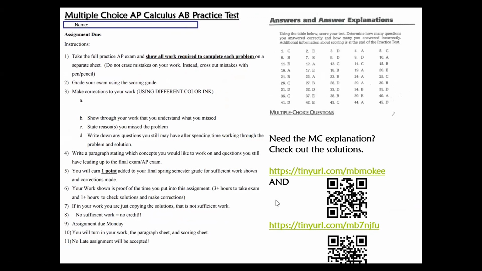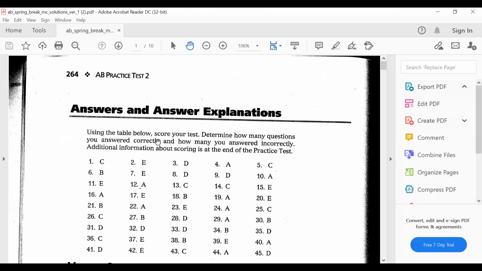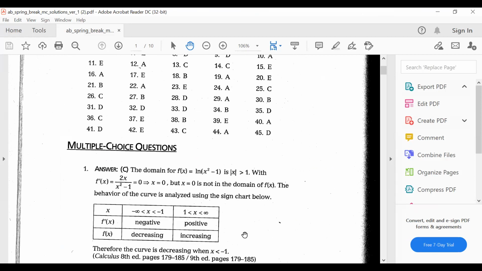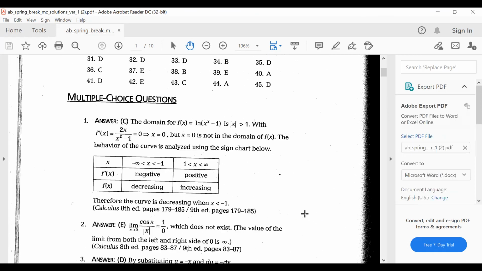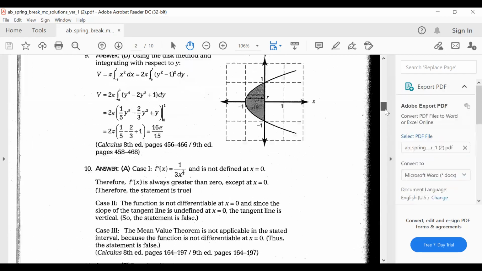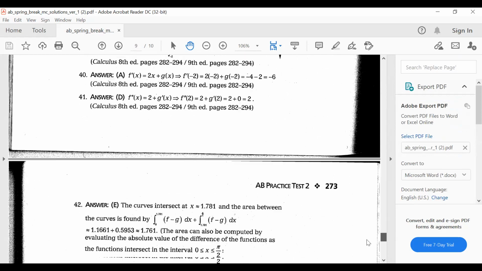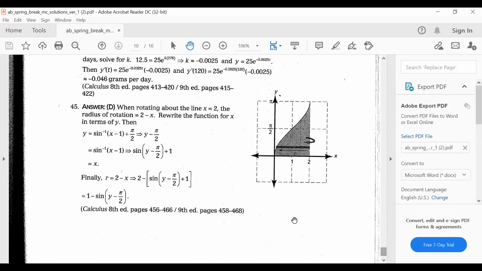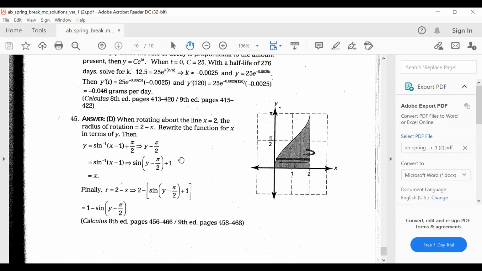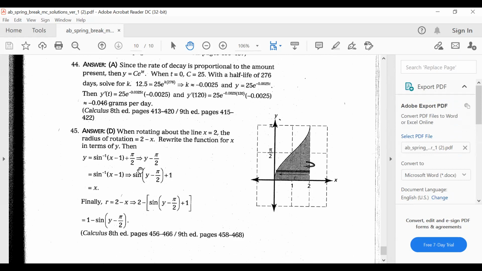Okay, now here it goes. It's going to take you to the practice task, which gives you the answers but also provides an explanation for questions 1 all the way down to 45. This is part of your calculus textbook.